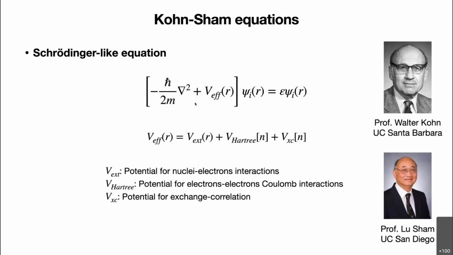So this is the kinetic term, but the potential looks a bit different from the Schrödinger equation because this potential is composed of the external potential, which is the potential for nuclei and electrons. And the second one is the Hartree potential, which is the electron-electron Coulomb interaction.